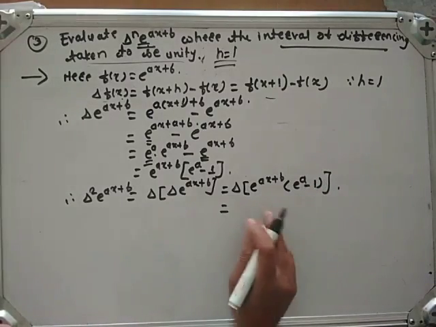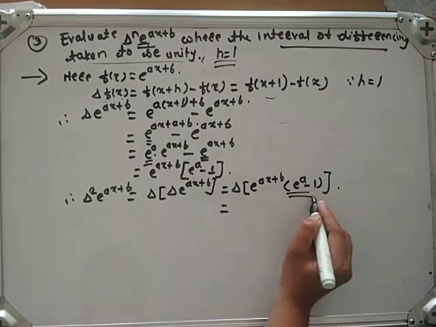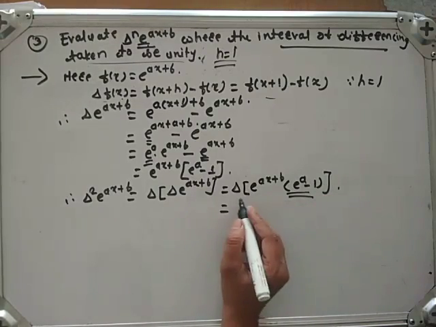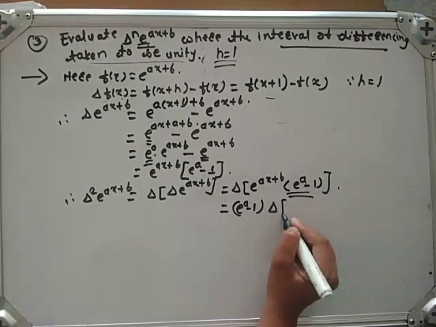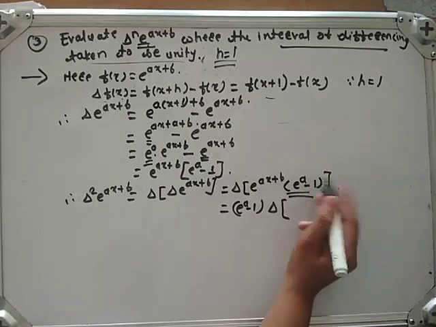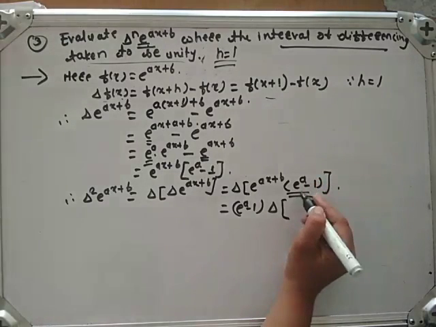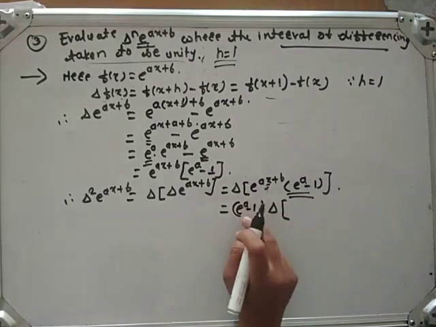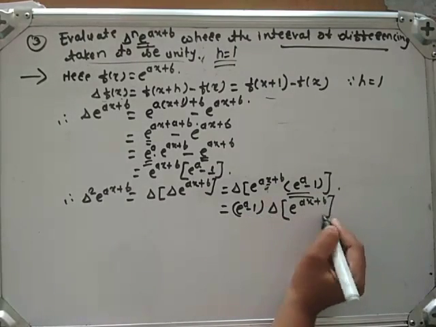Here e raised to a minus 1 is constant, because this term does not contain x, so take it outside: (e raised to a minus 1) into delta of e raised to ax plus b.